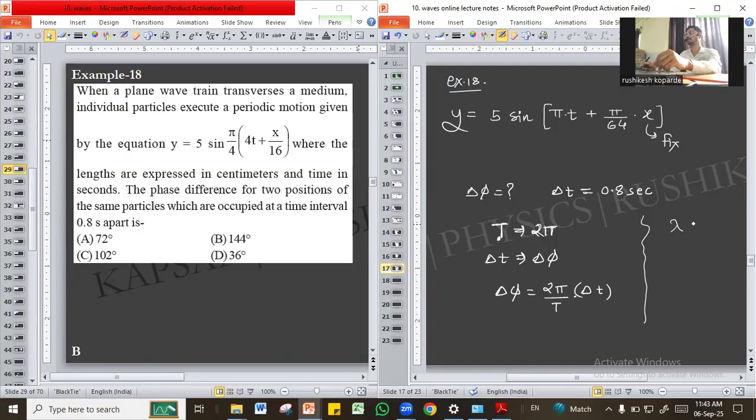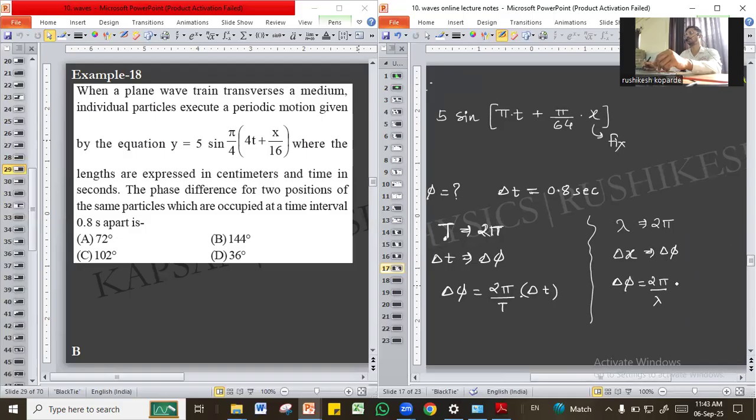If you move by a distance equal to lambda, phase changes by an amount equal to 2 pi. Then if you move by distance equal to delta x, phase changes by an amount equal to delta phi. So what is delta phi? Total change in phase upon total distance traveled into your distance.